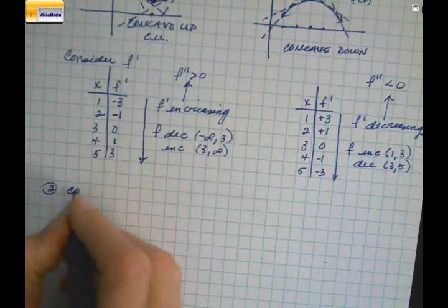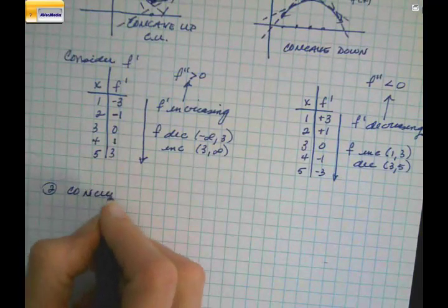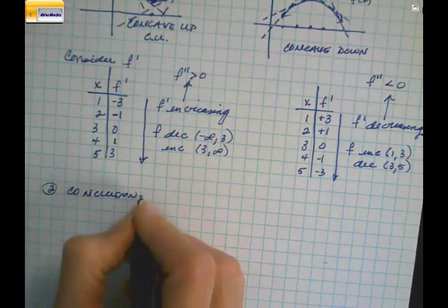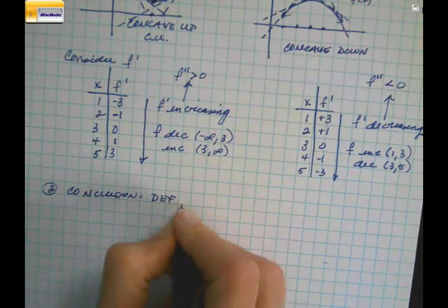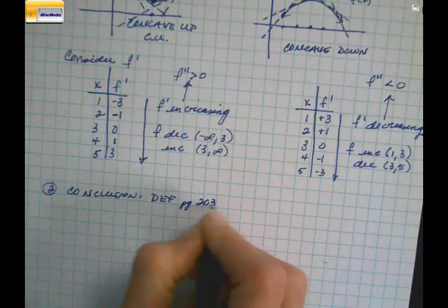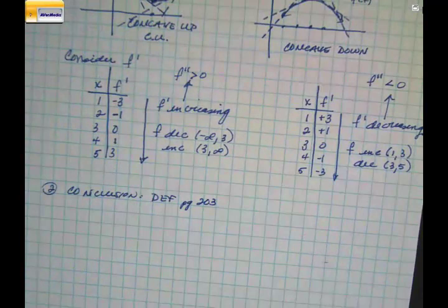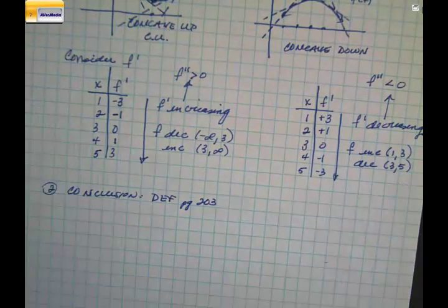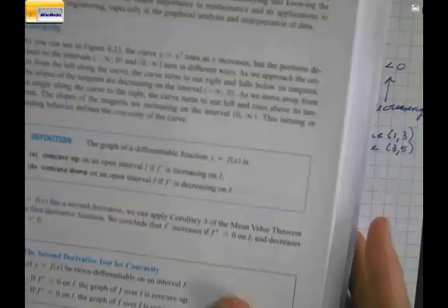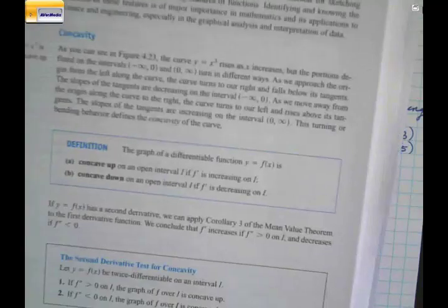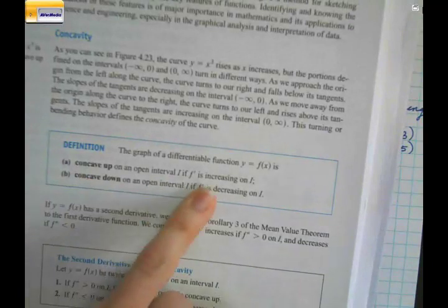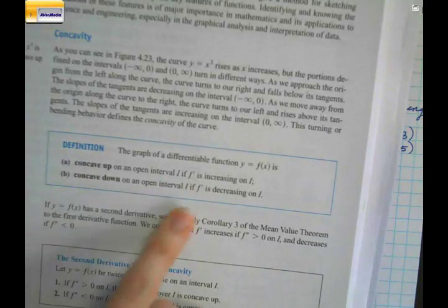Well, where this leads us is to a little bit of a conclusion, which they pull into a definition on page 203 of the textbook, which I'll put up here. And we'll write it a little more informally. But it says, the graph of a differentiable function f of x is concave up if f prime is increasing, and concave down if f prime is decreasing.